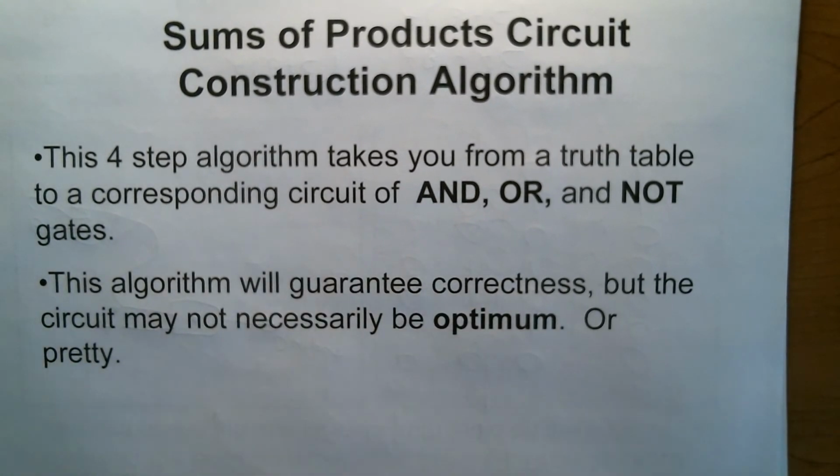All right. This 4-step algorithm takes you, yes, you, from a truth table to a corresponding circuit of AND, OR, and NOT gates. So exciting. This algorithm will guarantee success or your money back, but the circuit may not necessarily be optimum or pretty.